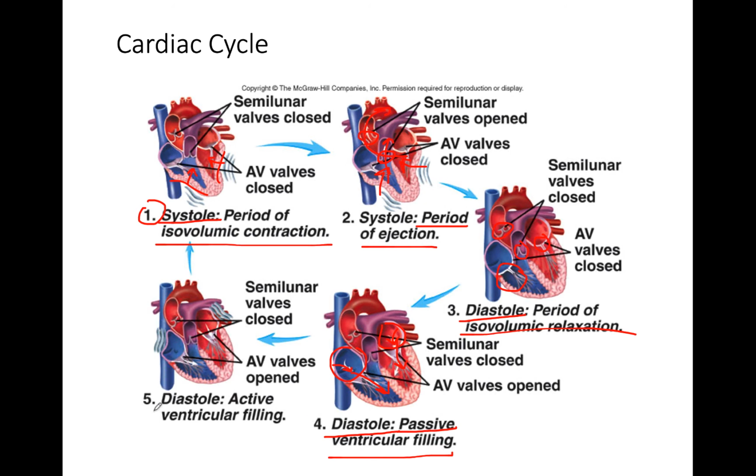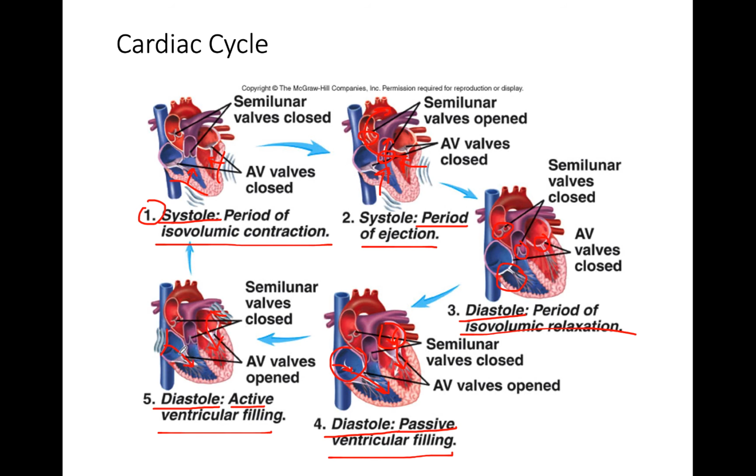The last step of diastole is going to be the active filling. So we are going from passive filling to active filling. What is the biggest difference you see from passive filling to active filling? Well, in active filling, you see these lines here? That means the muscles in the atria are contracting, forcing that blood down into the ventricles.